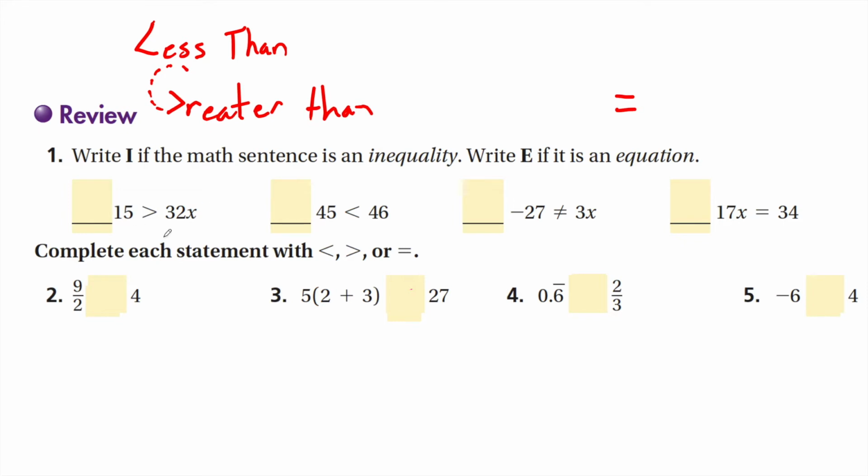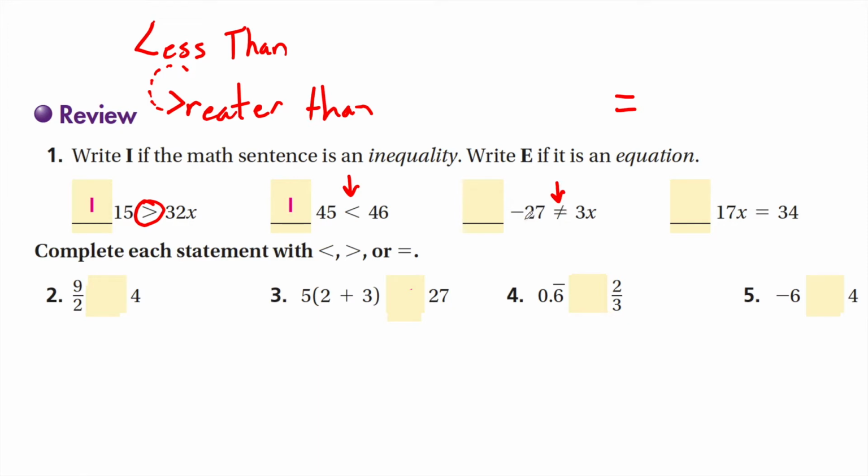All right. So for this one, we have 15 is greater than 32x. That is not an equal sign in the middle, therefore this is going to be an inequality. Once again, this 45 is less than 46, and that is not an equal sign, and therefore is an inequality. But this is a tricky one, because this has equal in it.